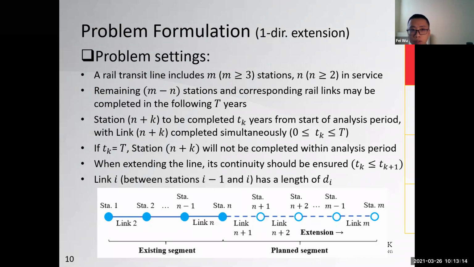So here is the formulation for the one direction extension. As you can see in this graph, there are some existing stations in the segment from one end, and then there are some planned segments to be completed in the future.